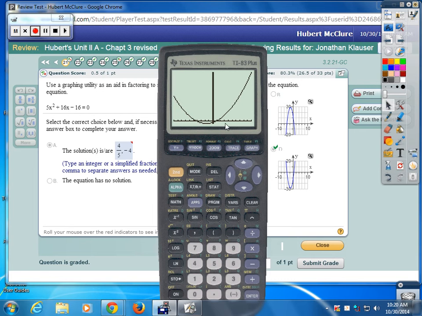So I'm going to do a zoom out. This is just the way I do it. You don't have to do it that way, but I'm doing it that way. I'm going to get the origin, and I'm going to hit enter. And then I'm going to do a zoom box.